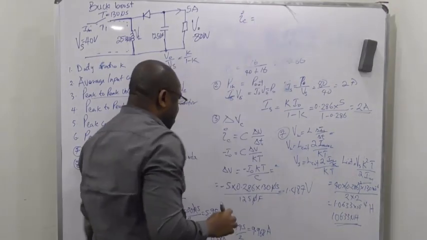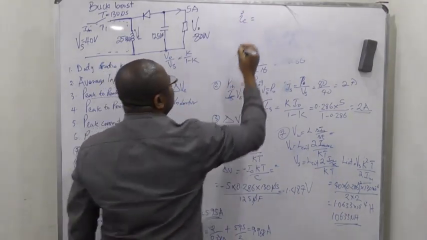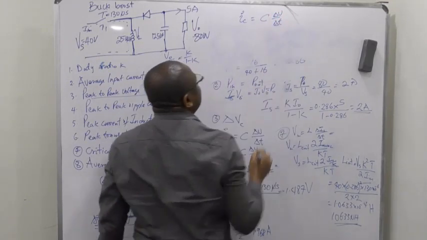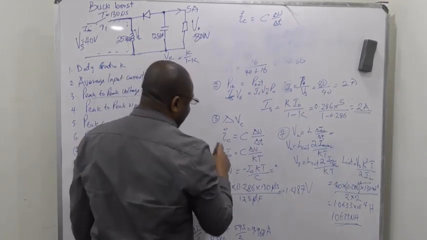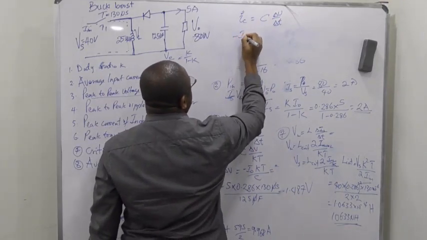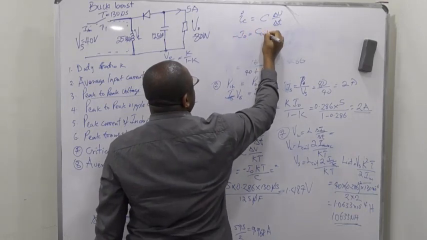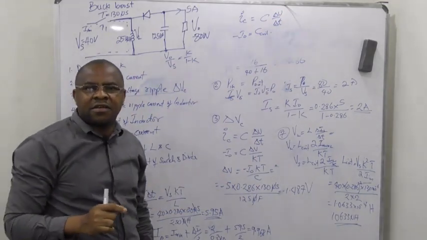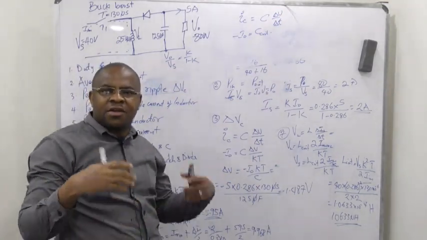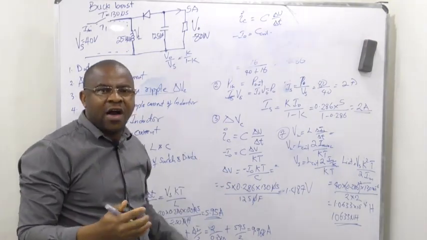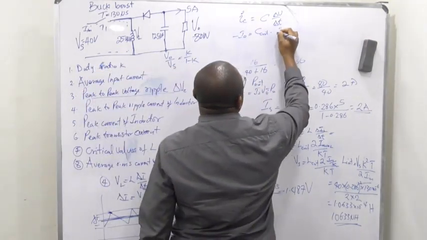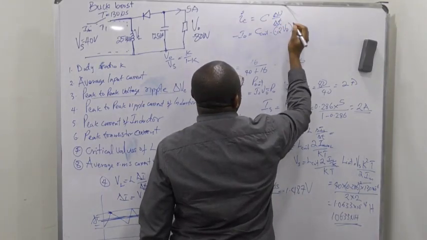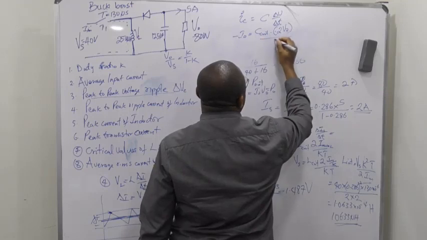Remember that IC, the current flowing to the capacitor, is C delta V over delta T. At critical value, IC is minus IO, so I have minus IO equals C critical multiplied by twice the output voltage, 2 VO, and the output voltage is a negative value, all over KT.